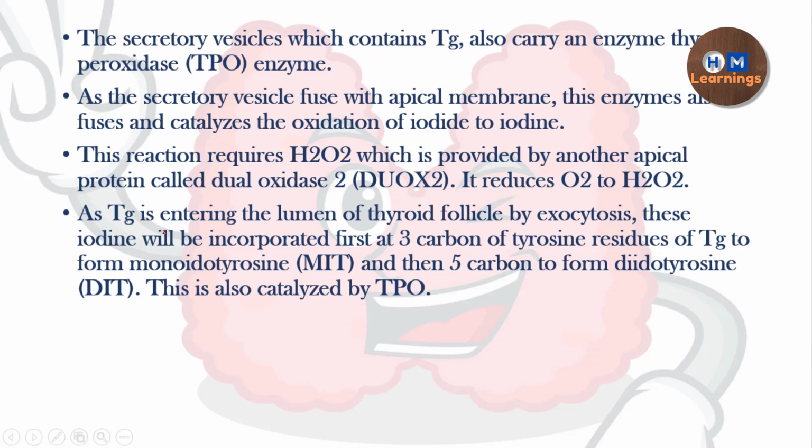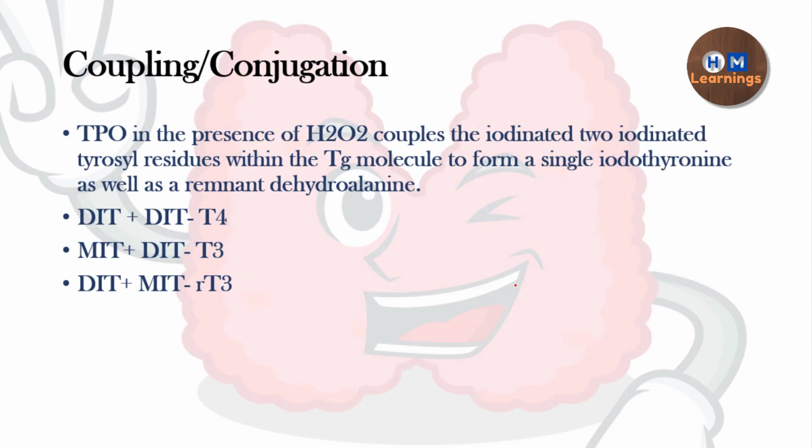Now the TG will enter inside the lumen of the thyroid follicle by exocytosis. This I have already cleared, and at that time there will be incorporation, first at the third carbon to form MIT, and then at the fifth carbon to form DIT. Then there is the coupling reaction, which is already clear.